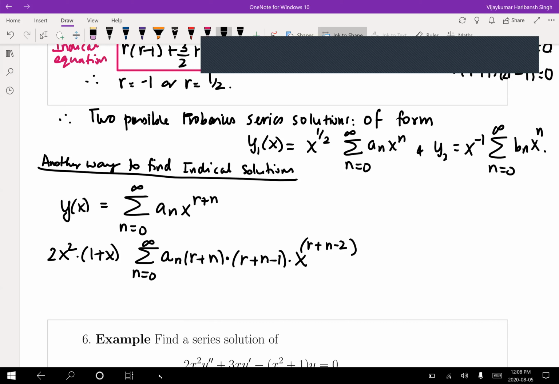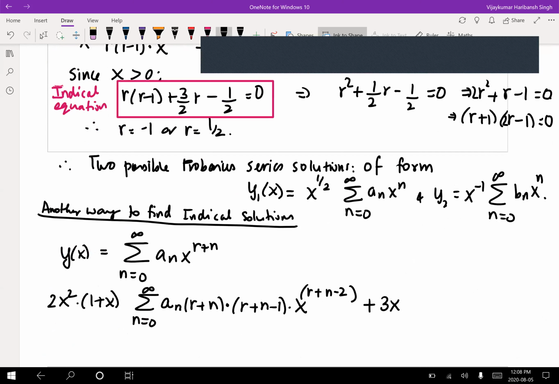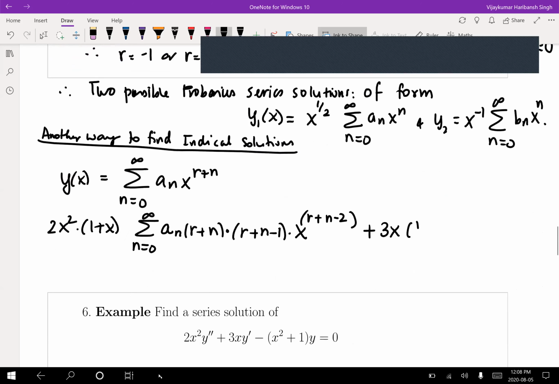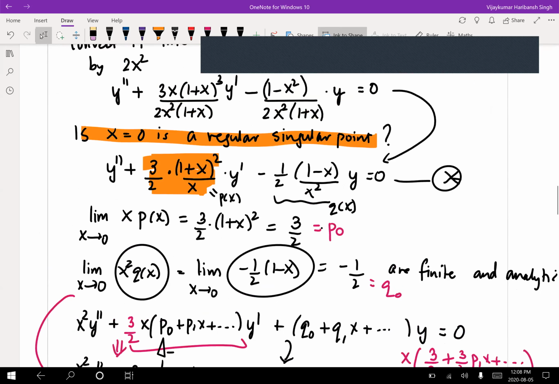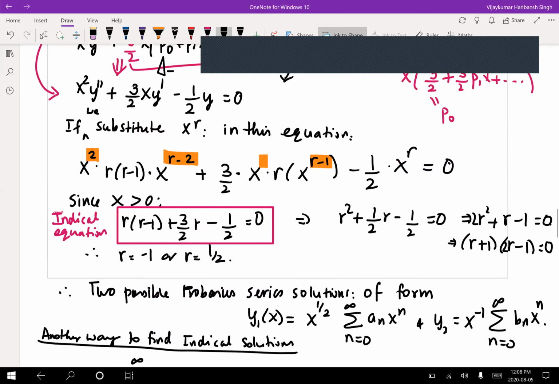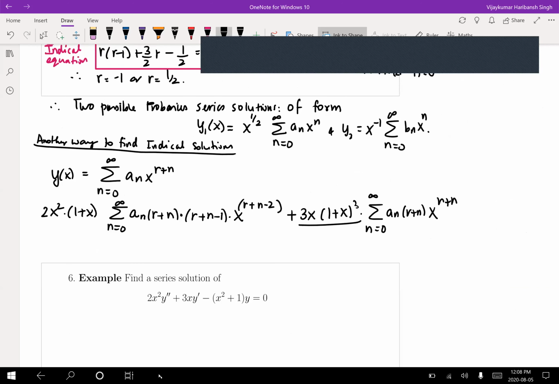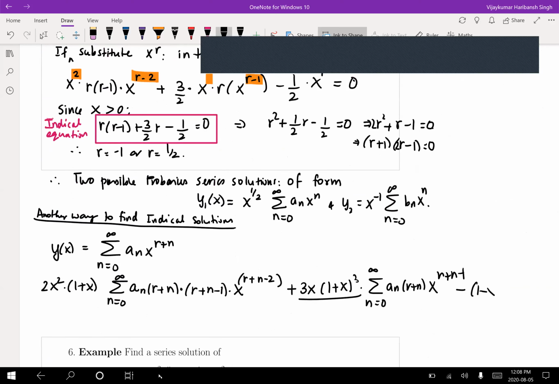Then we get plus 3x times 1 plus x cubed, divided by 1 plus x cubed, times y prime, which is summation n equals 0 to infinity a n r plus n times x to the power r plus n minus 1, minus 1 minus x squared times summation n equals 0 to infinity a n x to the power r plus n, equals 0.